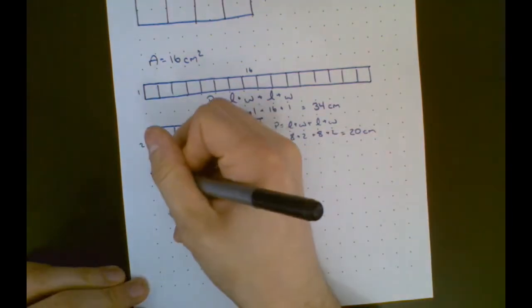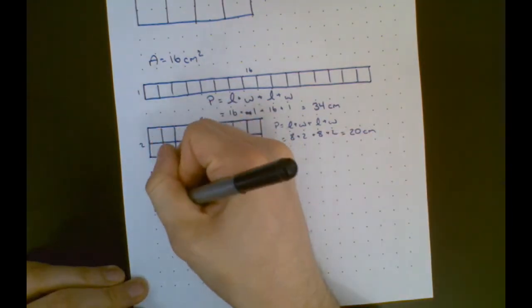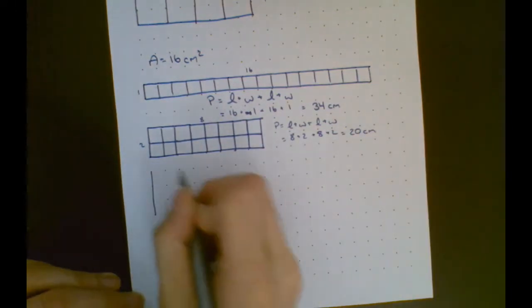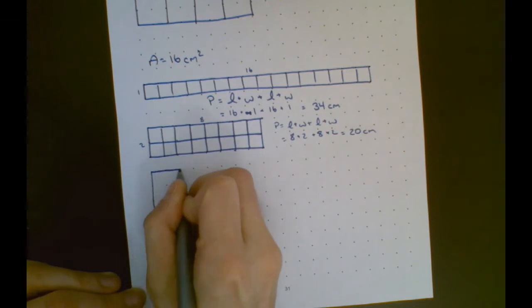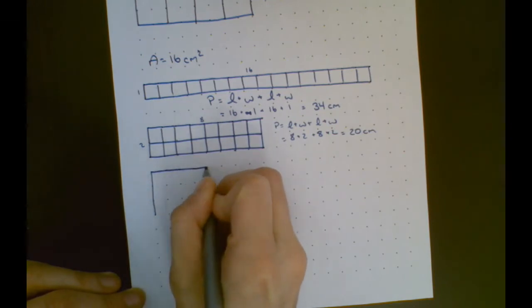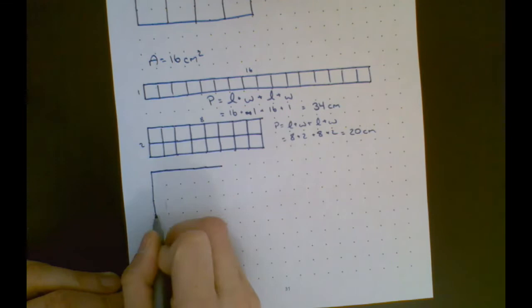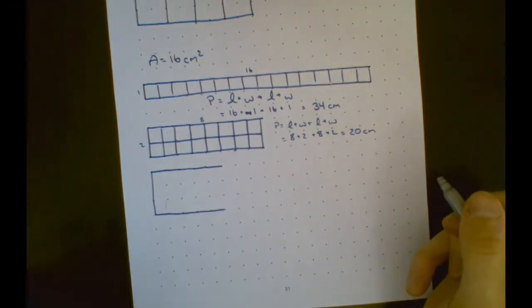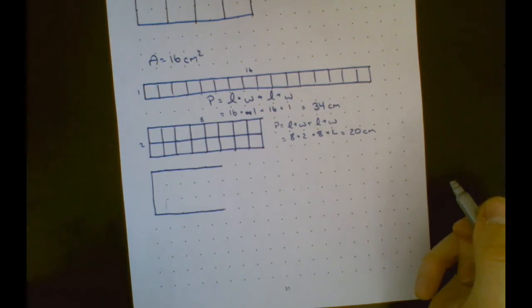So we've got 2 rectangles done. Move on to a width of 3. 1, 2, 3. Same thing, we're going to count on: 3, 6, 9, 12, 15. If I count on by 3s, the next number I'm going to get is 18. So this one is looking like it's not going to work.